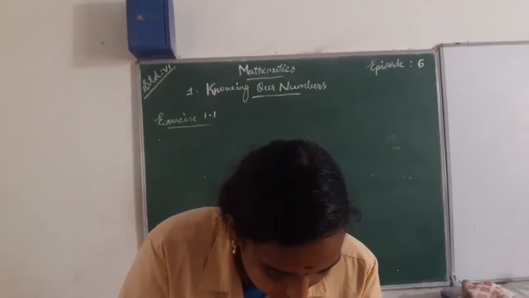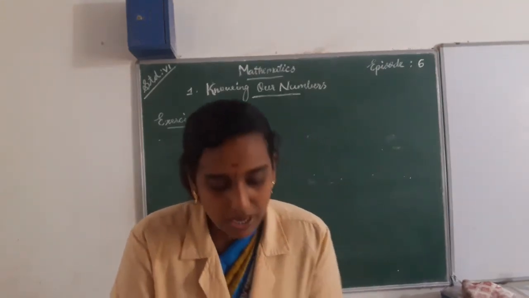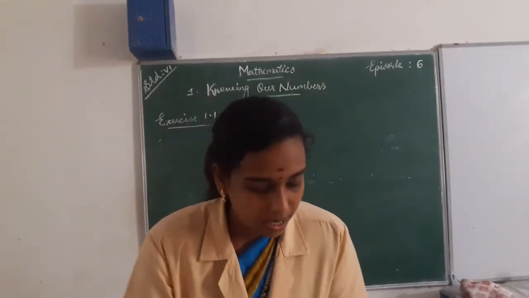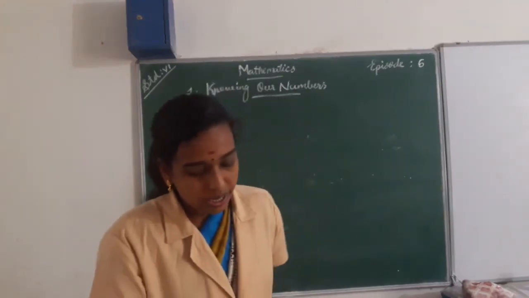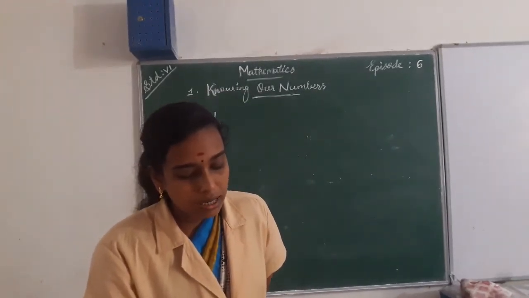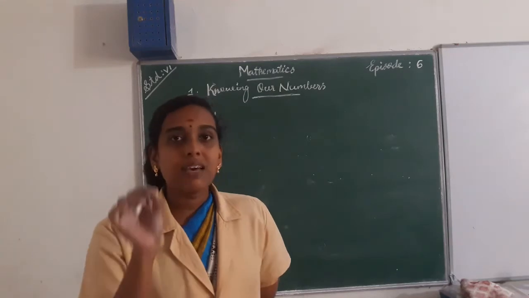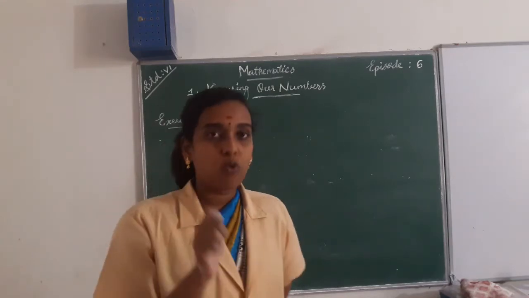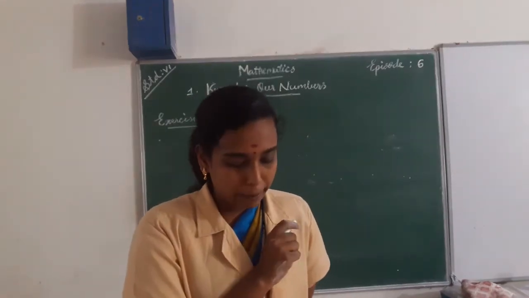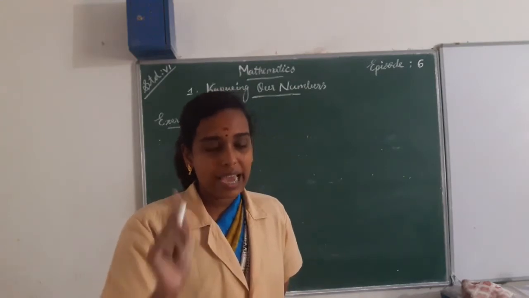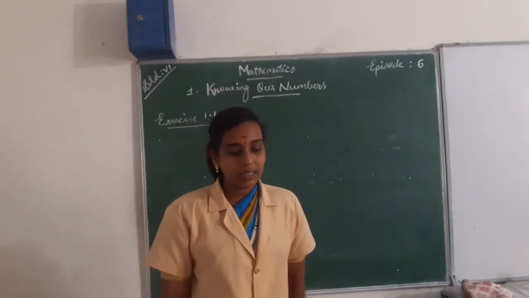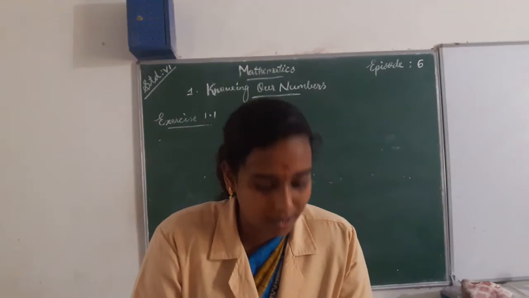And the next question is question number 7. Read the question. A merchant had 78,592 rupees with her.